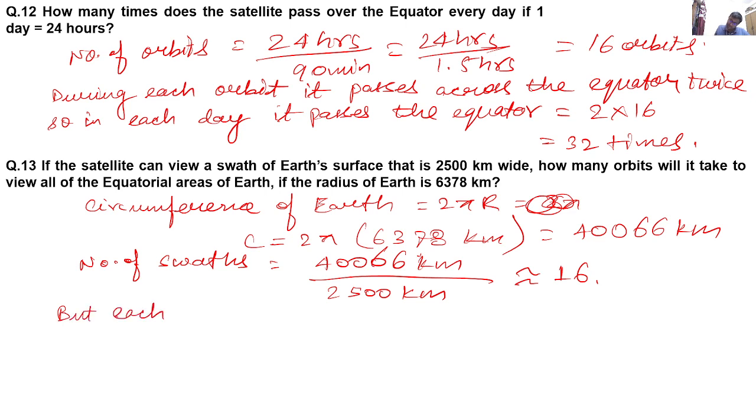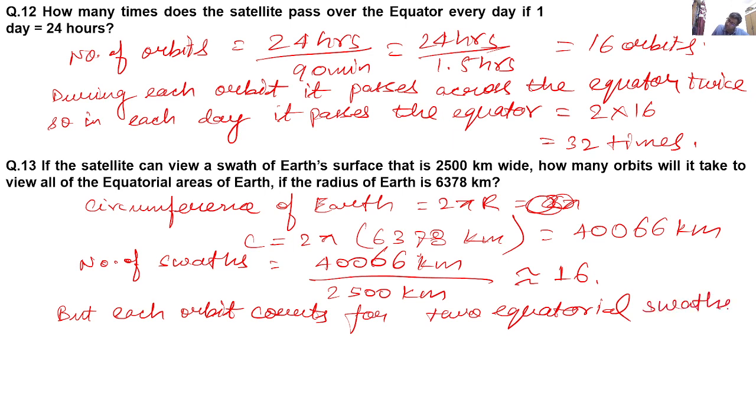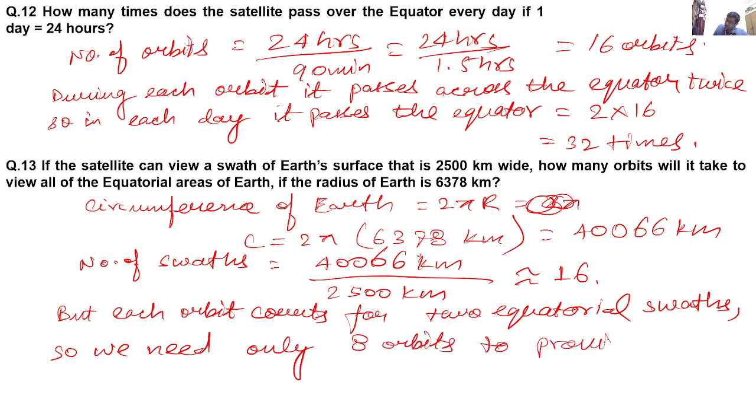But each orbit counts for 2 equatorial swaths, which we found out in the previous question. So we need only 8 orbits to provide 16 swaths at the equator, because per orbit there are 2 equatorial swaths.